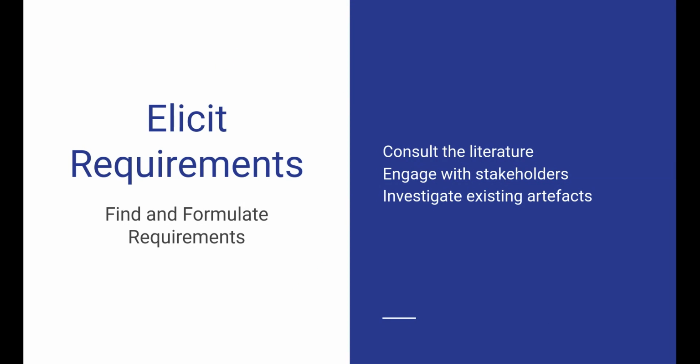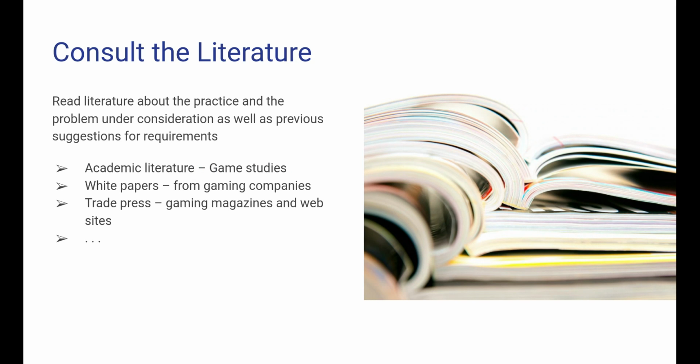Now, as we know which kind of artifact we're going to develop, it's time to elicit requirements, and this can be done by consulting the literature, engaging with stakeholders, and investigating existing artifacts. Consulting the literature means to read about the practice and the problem under consideration here, as well as previous ideas about requirements.